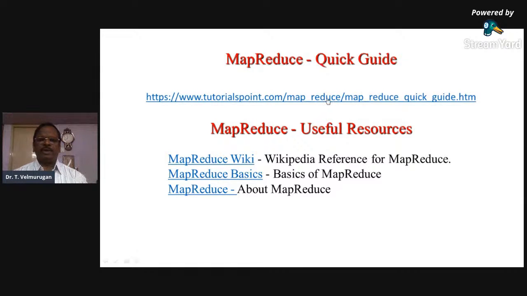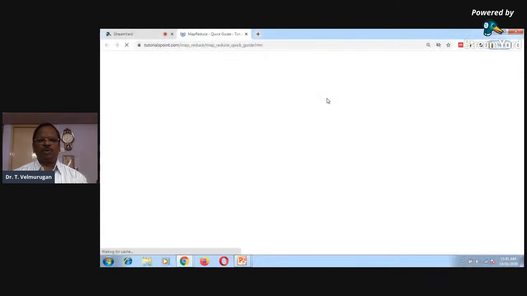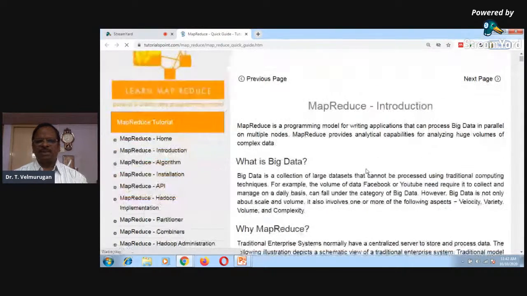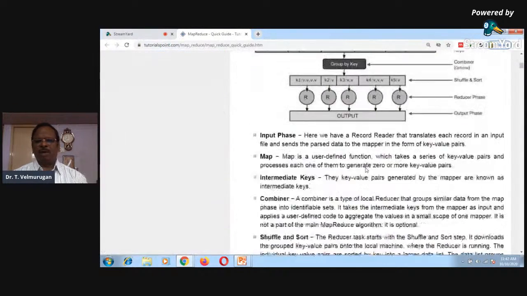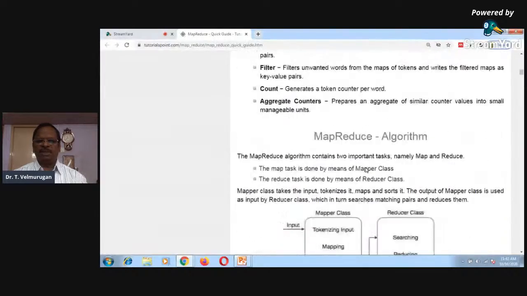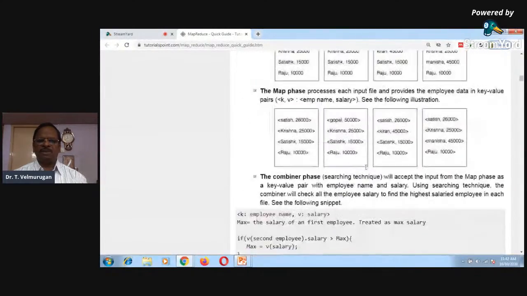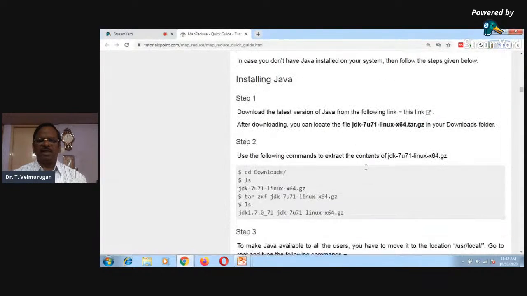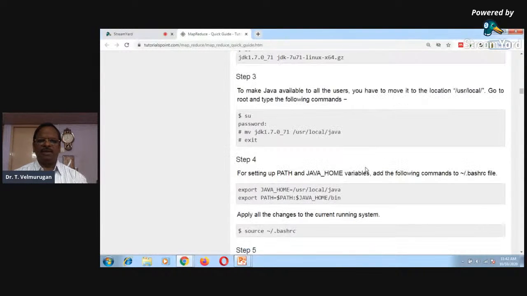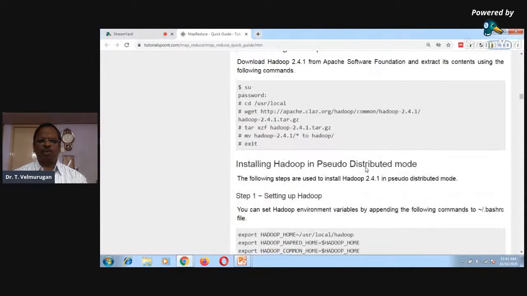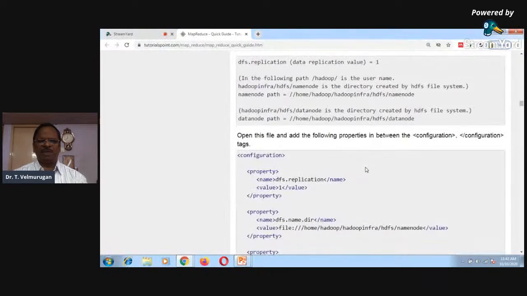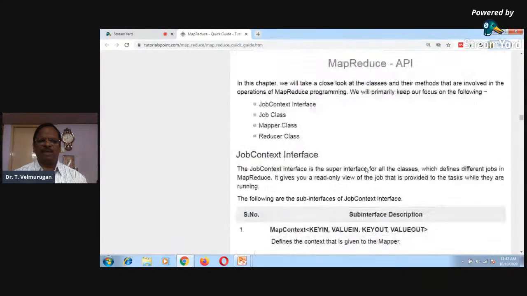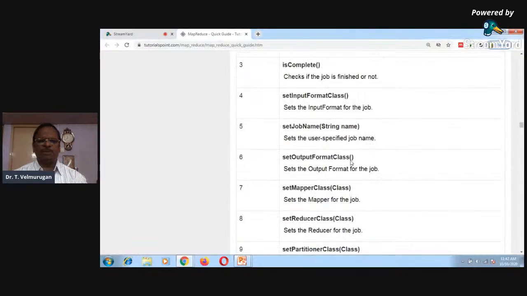Okay, if you go to this quick guide, we can easily understand what the MapReduce function is, how we can process, what information is available, what shuffling is, sorting, indexing, TF, IDF, everything is clearly given by writing source code. We can have simple information and simple source code, how to install, how to verify, everything is given on this website.